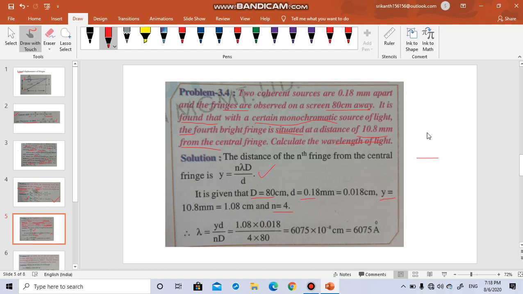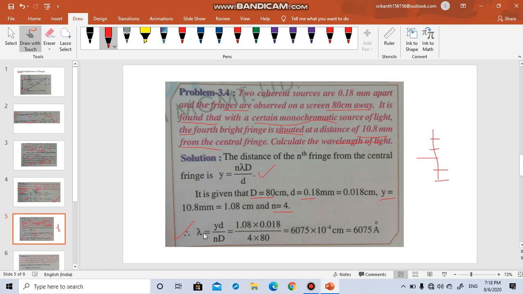See, the central fringe is like this. This is your screen, and these fringes are created up and down. He is talking about the fourth bright fringe, so you have to put n is equal to 4. What we have to find out is the lambda value.